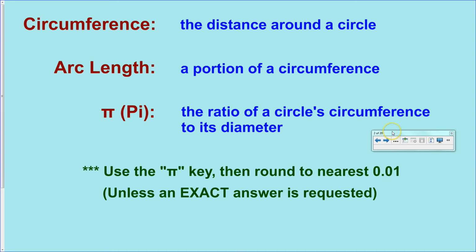The pi key will give you, I believe, an accuracy of pi that is beyond just the 10 digits or so that are displayed on your calculator. It will actually be more precise than that. Do not use the approximation 3.14 or the fraction 22 over 7. Both of those are not accurate enough for what we're doing this chapter. Use the pi key.